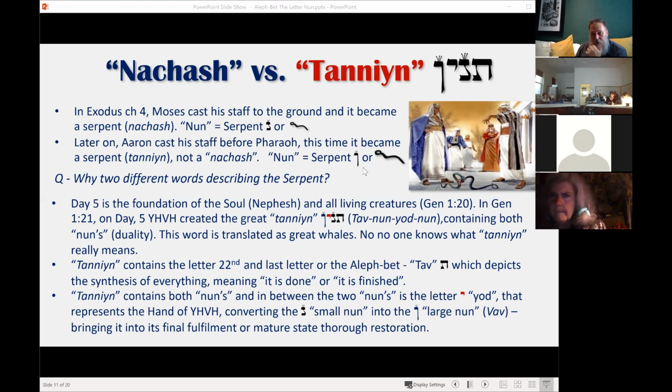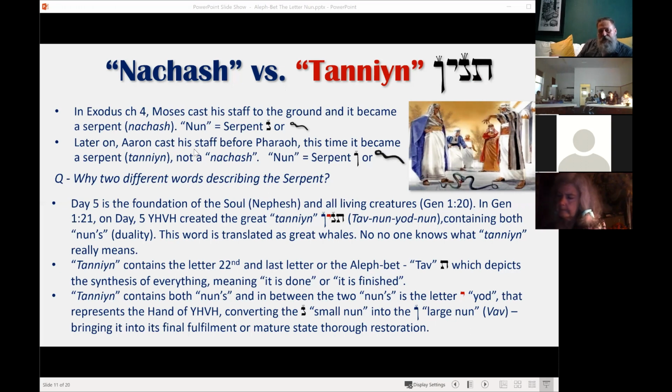The large serpent is the mature one, which consumed the small serpents of Pharaoh. So the symbolism of the two Nuns is illustrated in the battle of the serpents in the storyline. The small serpent is called the Nachash, so the small Nun is a Nachash, which is that fallen higher state than a Nefesh.